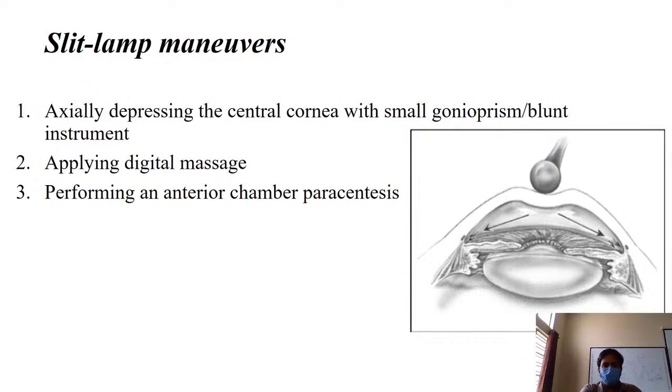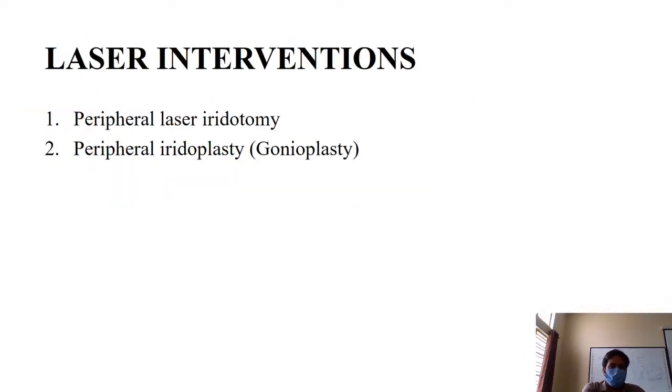You have to indent the cornea physically. What this does, it pushes the aqueous through the angle structures, and it causes the physical pressure, and that will open up the angle of the anterior chamber, okay. After IOP of the patient has been reduced, you can go ahead with peripheral laser iridotomy or peripheral iridoplasty.